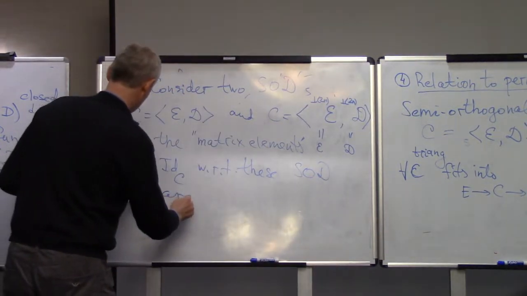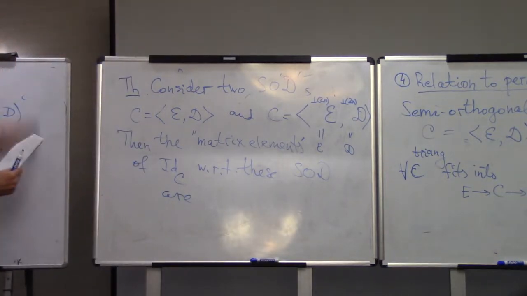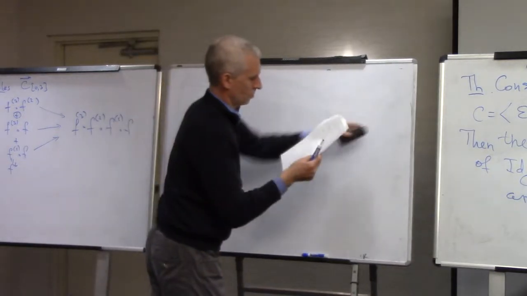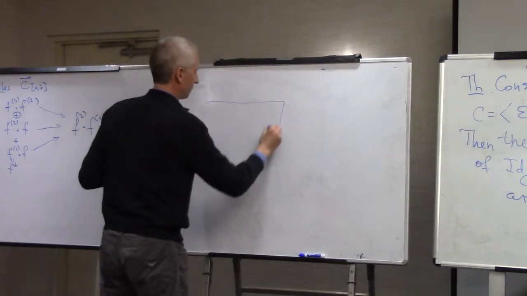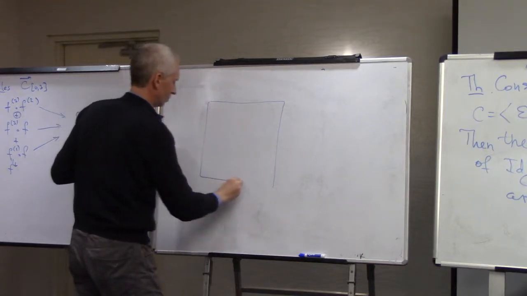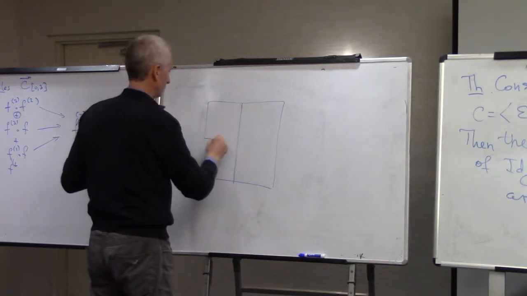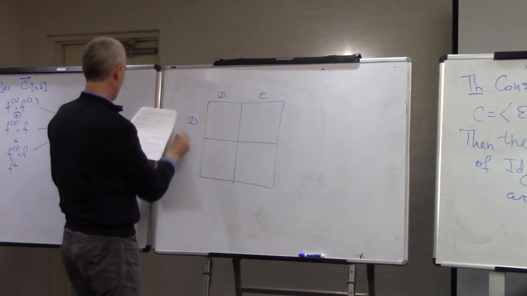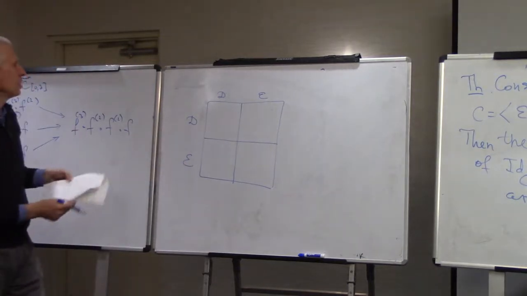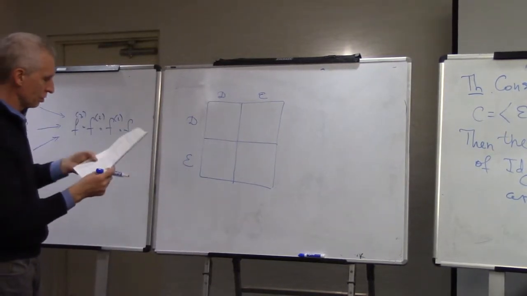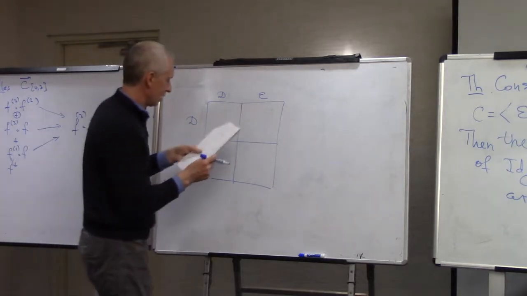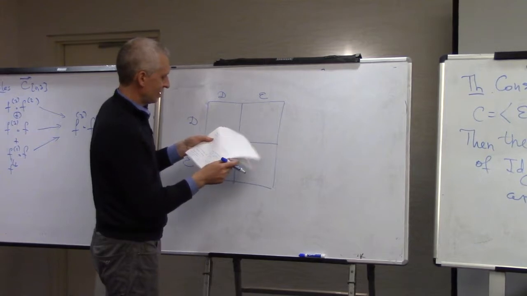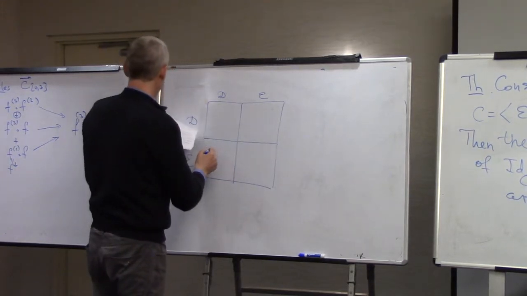So maybe I write it here. Suppose it's D, E, D, and E. Basically this will be those total complexes of adjoints. Sorry, let me just say it this way.